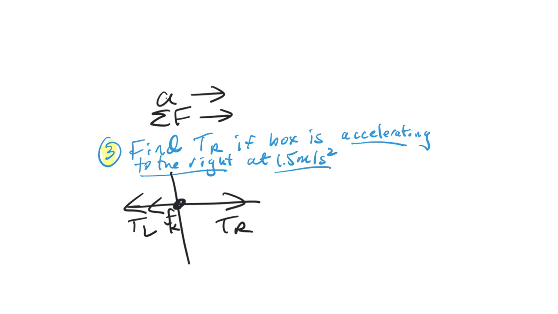And the forces do not balance out because you're accelerating. So TR actually is going to be bigger than the sum of those two. So let me draw it significantly bigger.